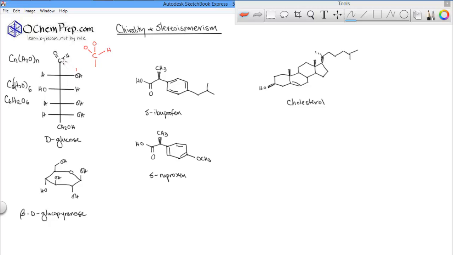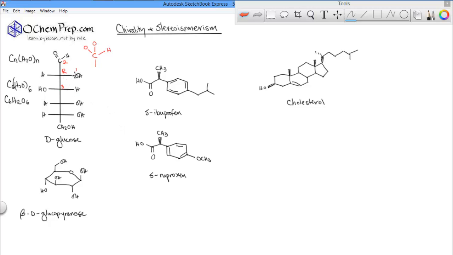The top carbon is two O's and an H. The carbon below is an O, a C, and an H. So the top carbon gets the 2. The bottom carbon gets the 3. And since this H is coming out at us, it's the opposite of what we see. We see S. So this is R.